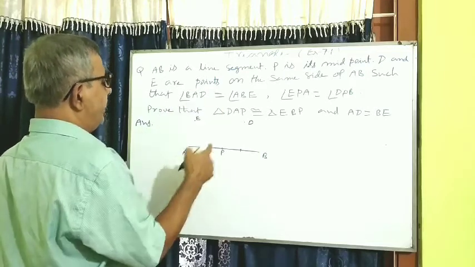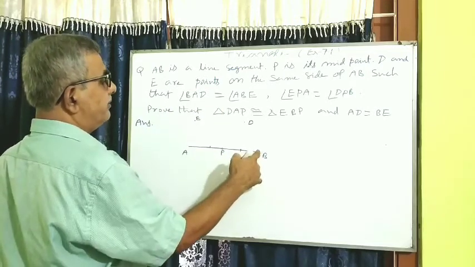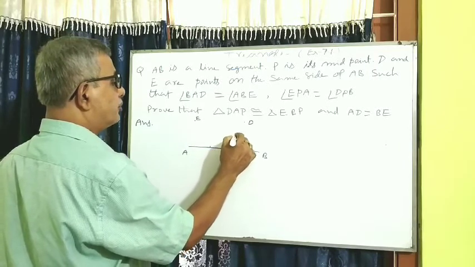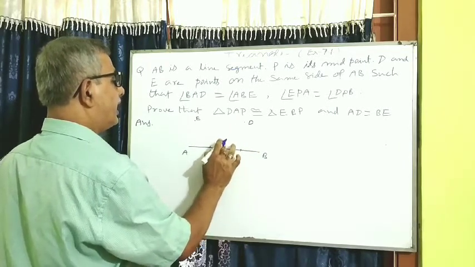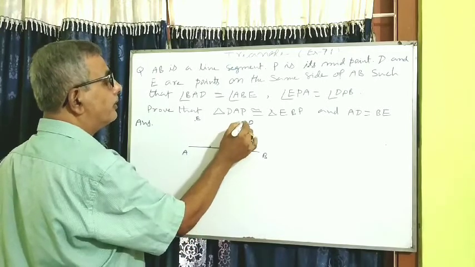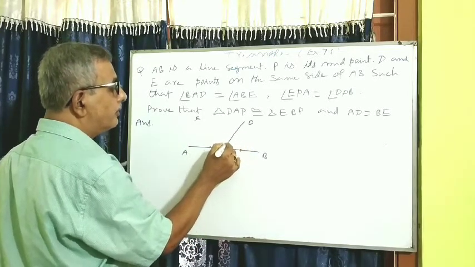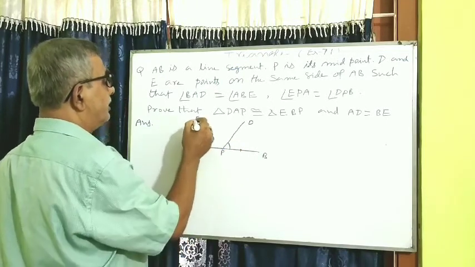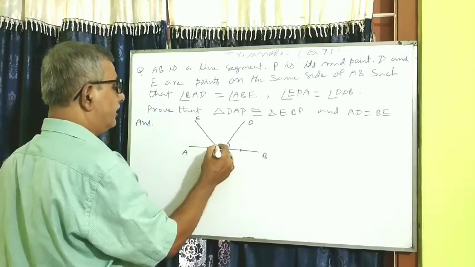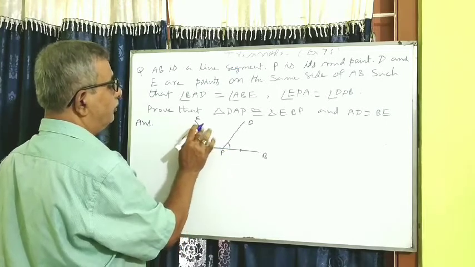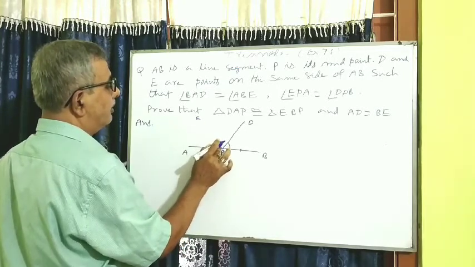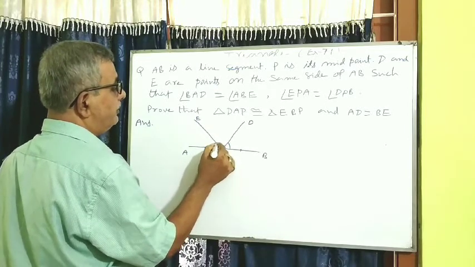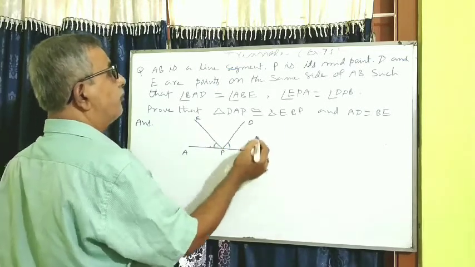Angle BAD. Where is BAD? You have to put it here. BAD is equal to which angle? With the help of a scale you will draw. This angle. Here what is given?